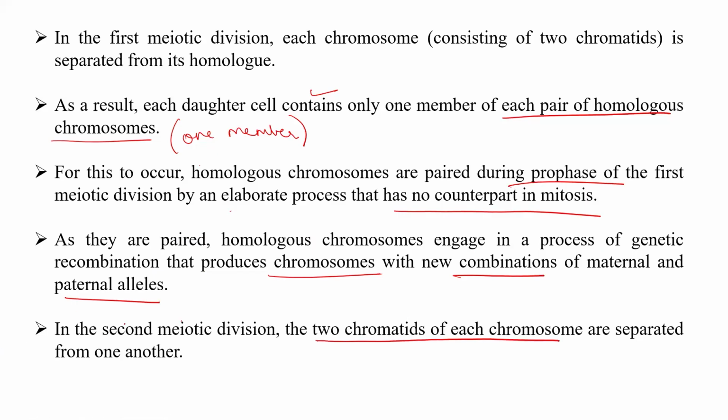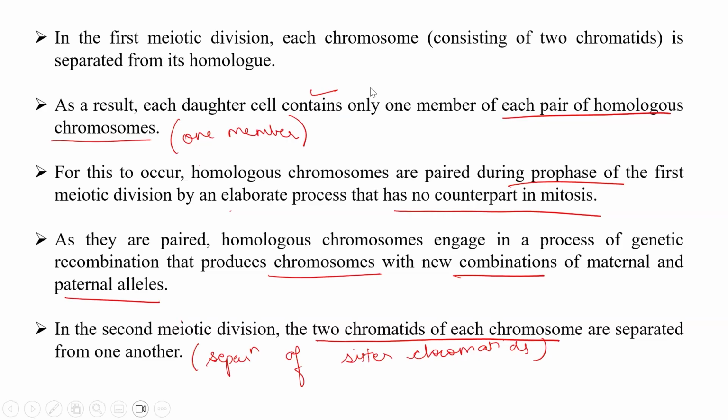So in the second meiotic division, there is a separation of sister chromatids. So this is about meiosis. In meiosis, what we see is a reductional division involving meiosis 1 and meiosis 2.